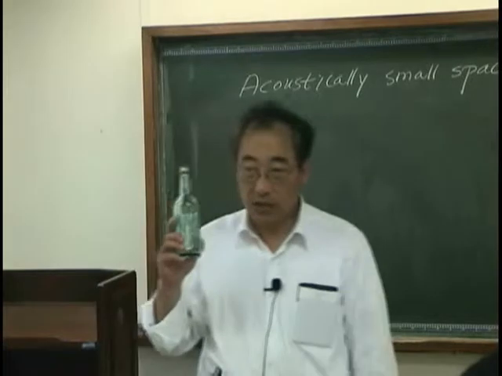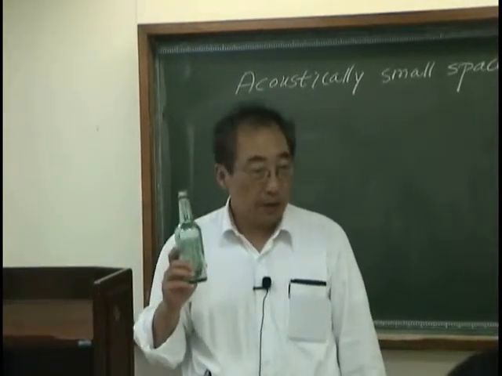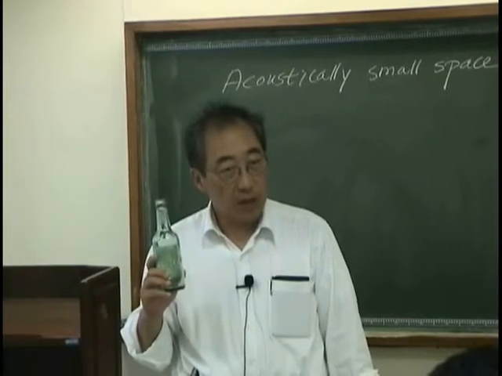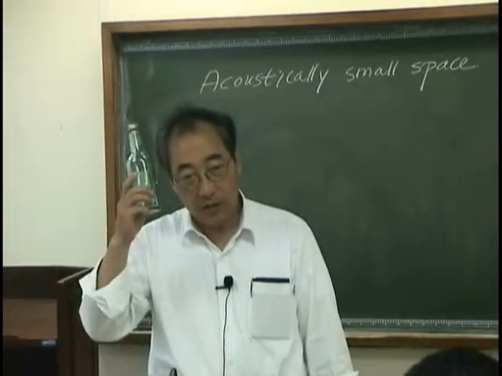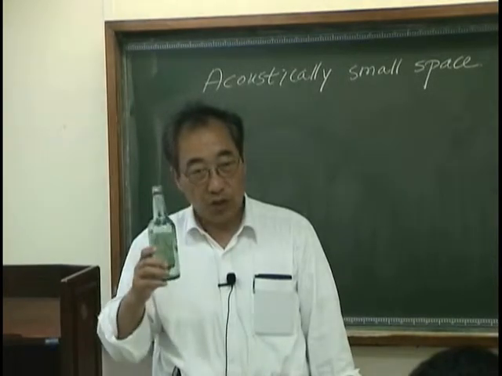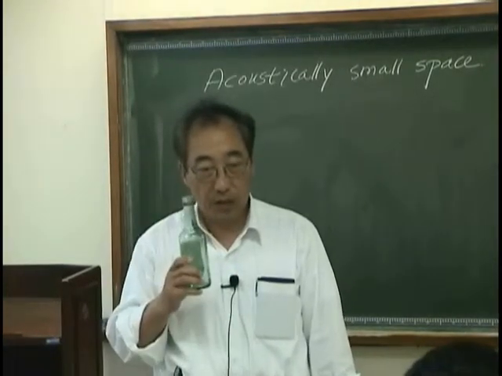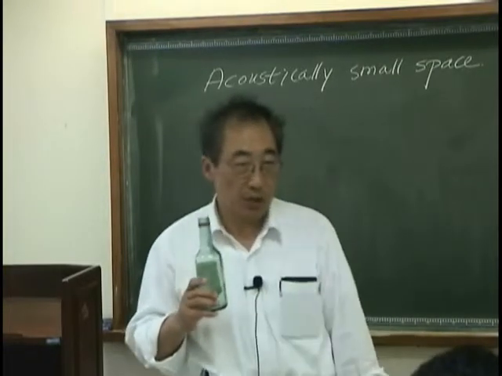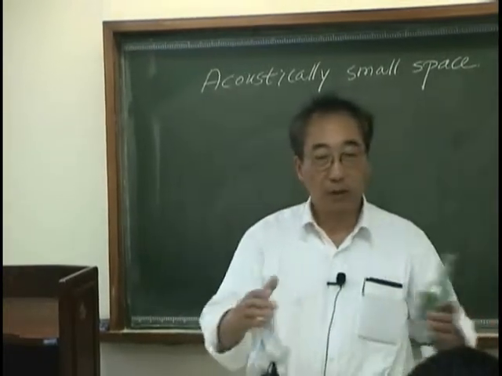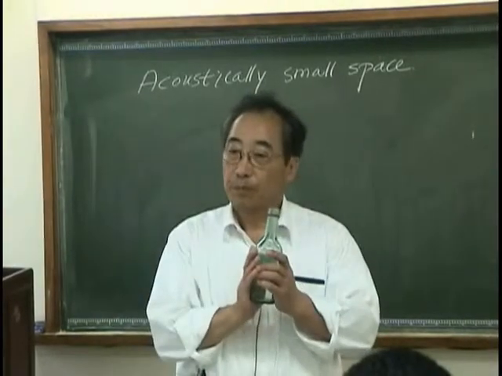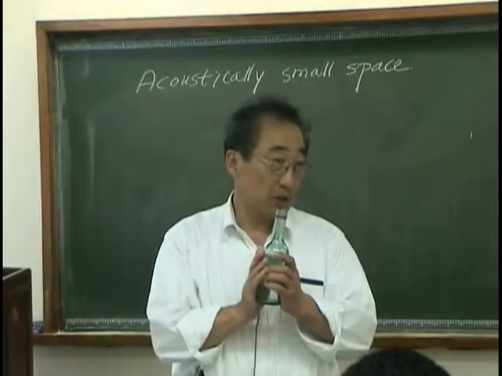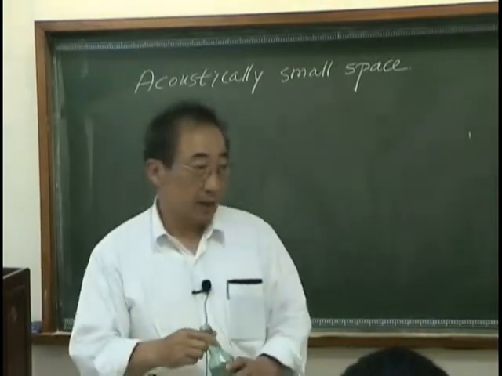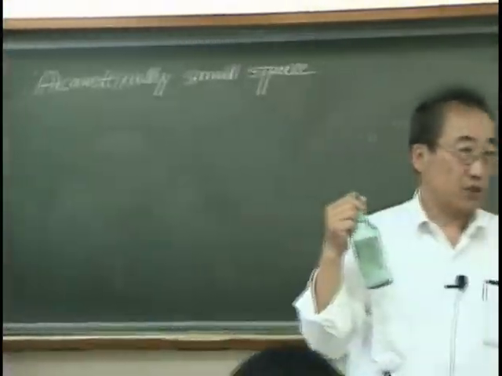So obviously this is less than 1 kilohertz. That means the wavelength of 1 kilohertz is 34 centimeters. So obviously the wavelength of the sound generated by blowing this bottle would be much larger than 34 centimeters. Therefore we can argue that the wavelength is much larger than the typical dimension of this bottle. You agree, right? So I can say this is an acoustically very small space.